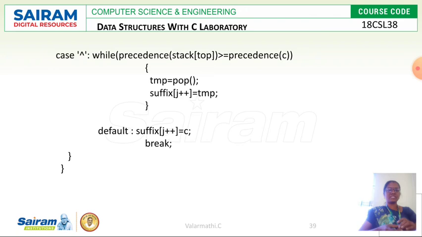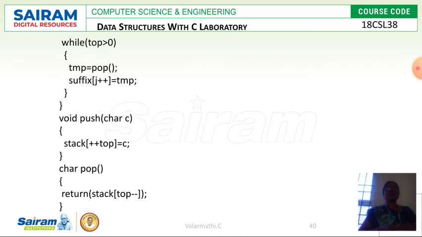So if the precedence of top is greater than the precedence of the character in c, the previous one should be popped out. So that is stored in suffix of temp, right? So that is the default operation.